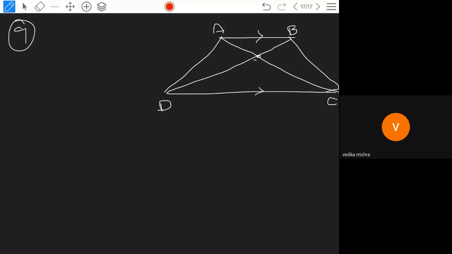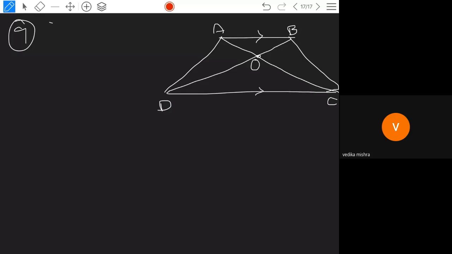First consider AO and CO. AO and OC are sides of a triangle. Which triangle can be taken into consideration? The first thing you have to do is draw a little bit here.